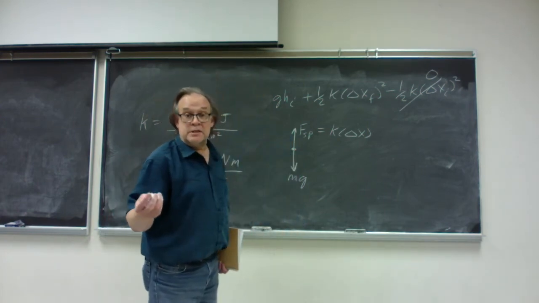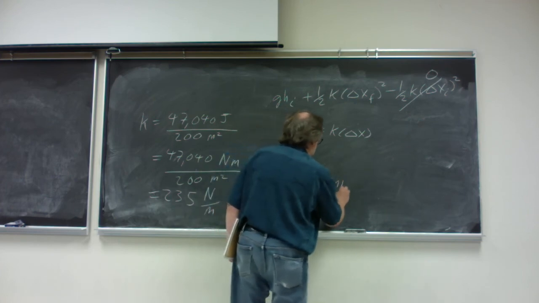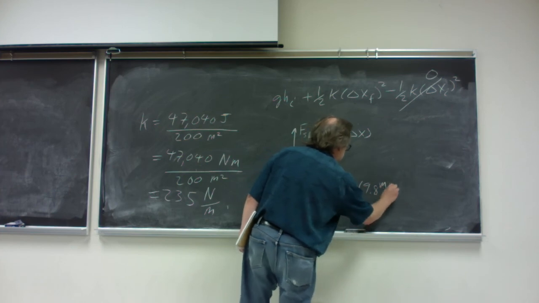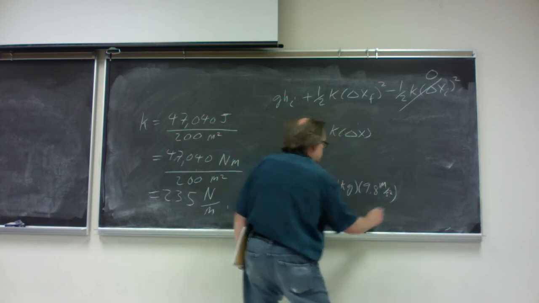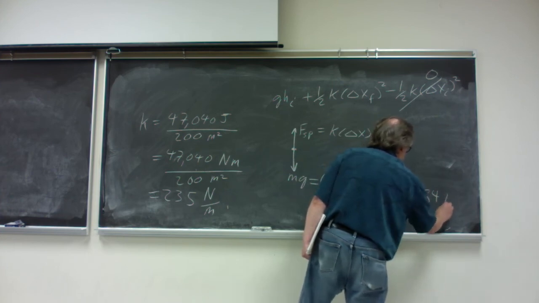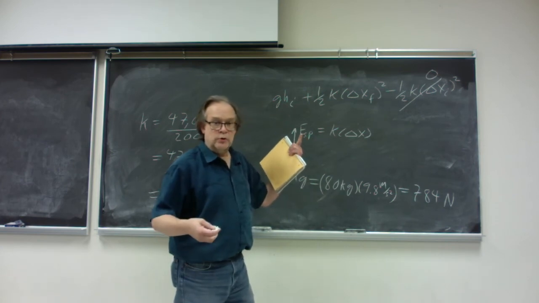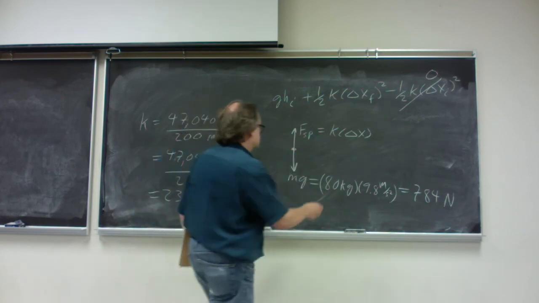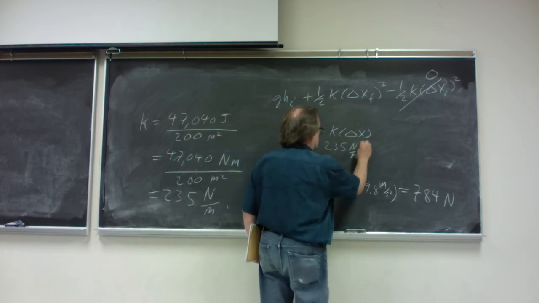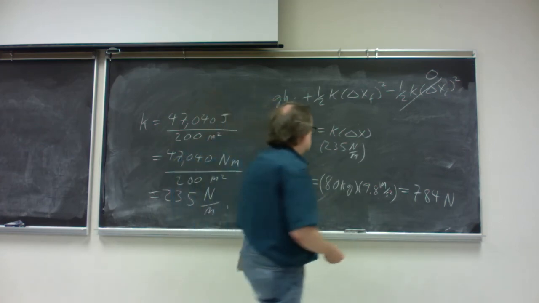Well, let's compare the sizes of those two things. This is 80 kilograms times the usual 9.8 meters per second squared. So that comes out to 784 newtons. K, remember, was 235 newtons per meter, and then the amount of stretching was 20 meters.